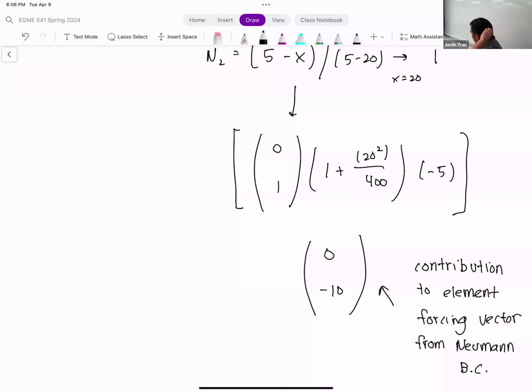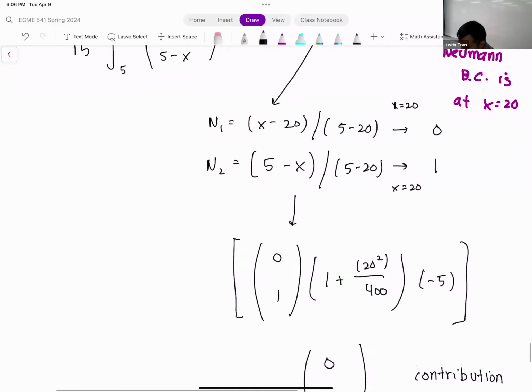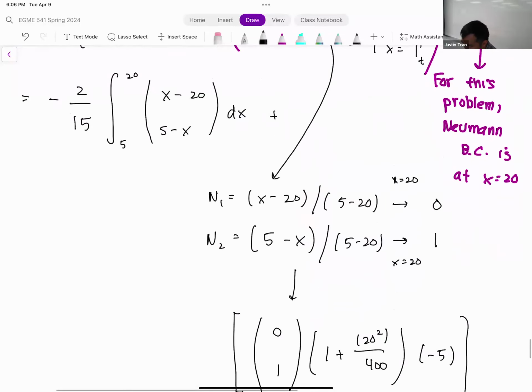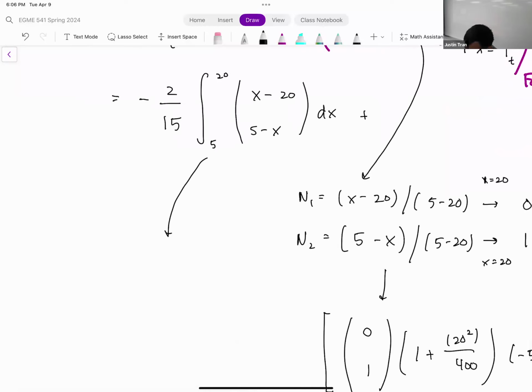Okay. All right. So the other thing that we're going to do is evaluate the integral here. So I kind of left that hanging there. So let's go ahead and evaluate this integral now. Okay, so we have a -2 over 15. Let's evaluate the integral on both of those terms. So we have an x minus 20. So that's going to be x squared over 2 minus 20x. And on the bottom there, we have 5x minus x squared over 2.